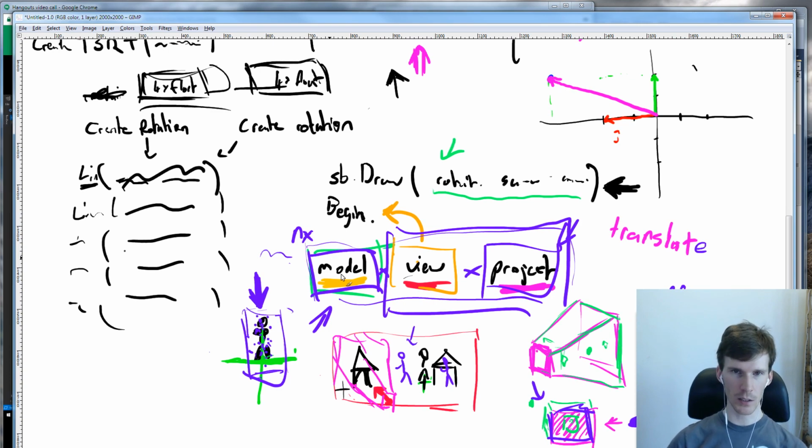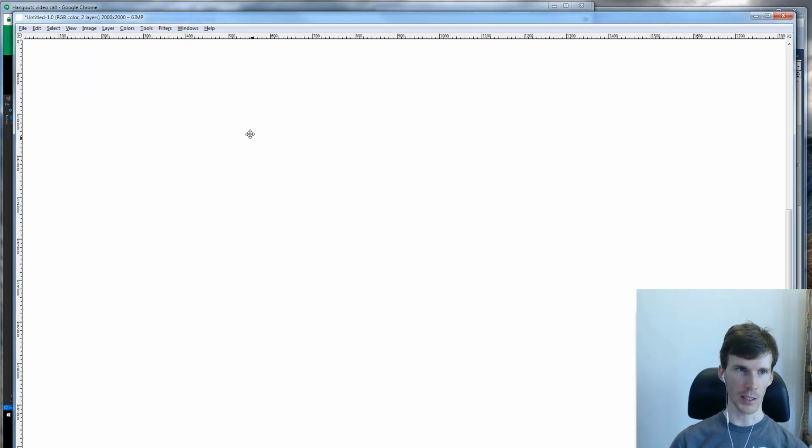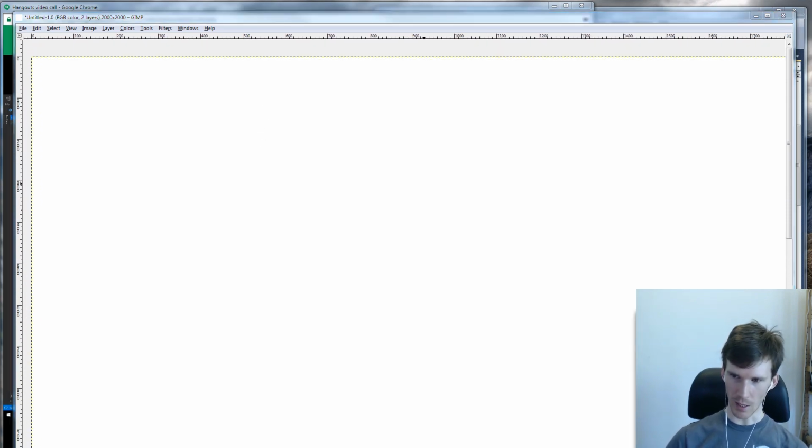Cool. Let's talk about how we actually do the multiplication, because we want to go over to implementation now. Let's quickly run through and make sure we have our maths right.